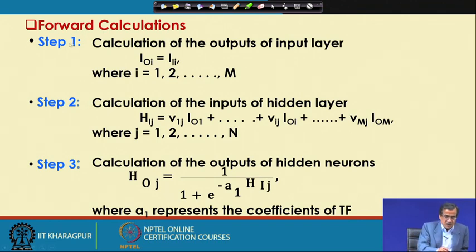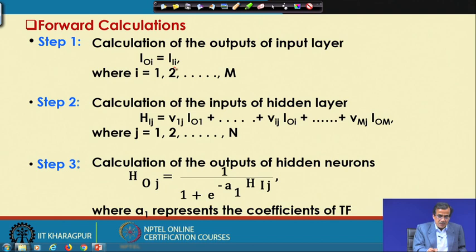Now, let us see how to carry out this type of forward calculation. Step 1: calculation of the output of the input layer. If we remember, on the input layer we are using the linear transfer function, that is y is nothing but u. If you use the linear transfer function, the output is nothing but the input.